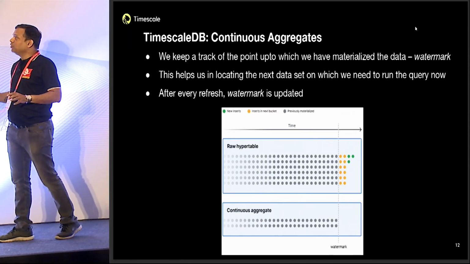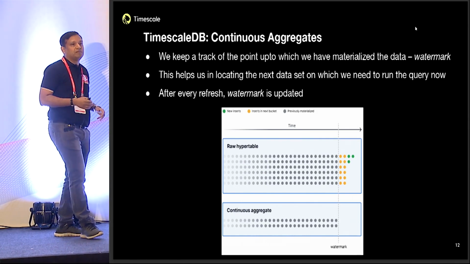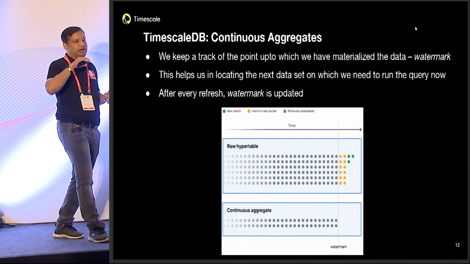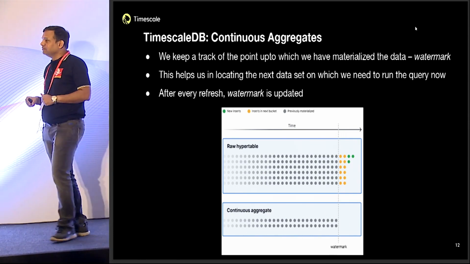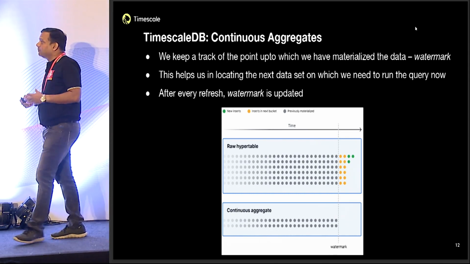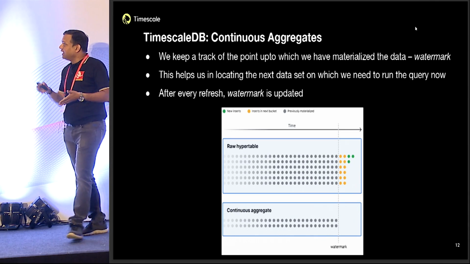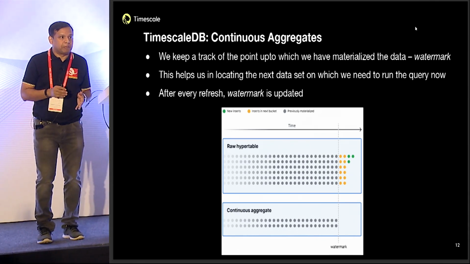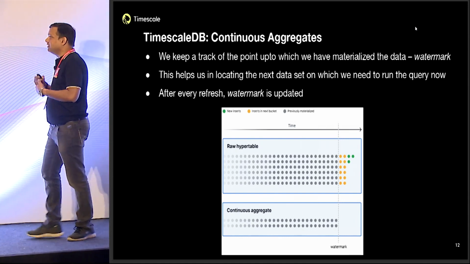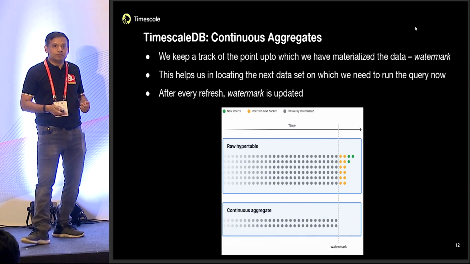The way we do that is we track a watermark, which is the point in time up to which we have done the materialization earlier. When we want to refresh, we know exactly at what point in time we should refresh from. And obviously, when we do the refresh, the watermark gets updated to the latest value.